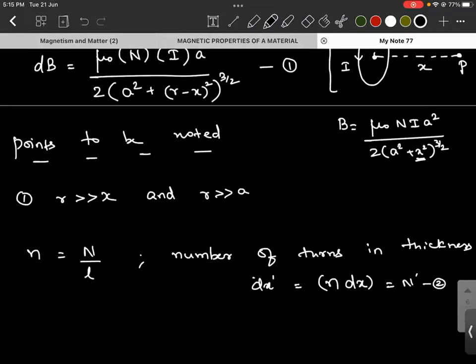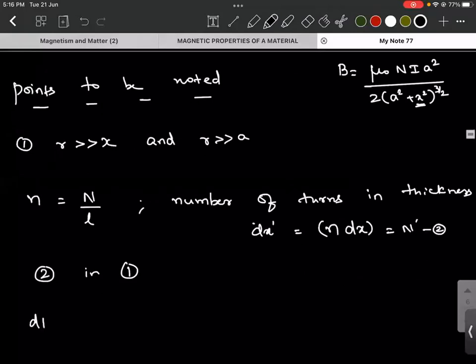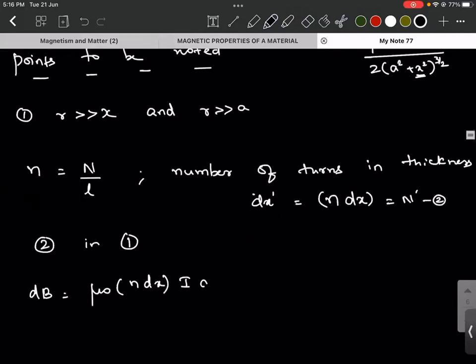If I use 2 in 1, I get dB equal to mu naught into small n into dx into I into a square divided by 2 into a square plus r minus x, which can be approximated to r itself, so r square the whole power 3 by 2.